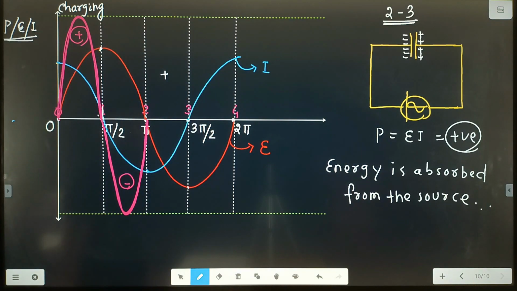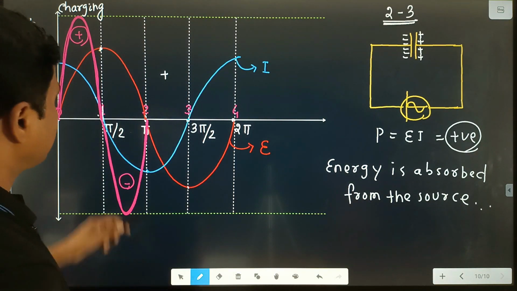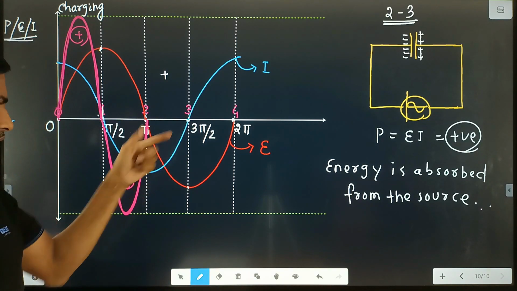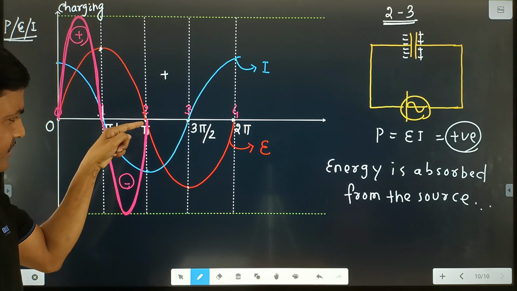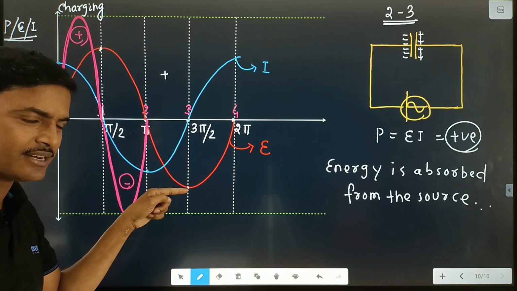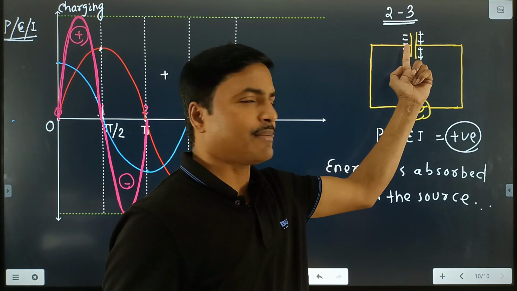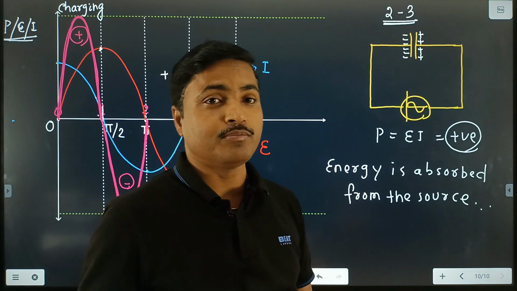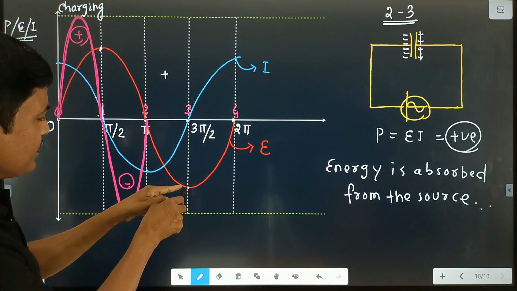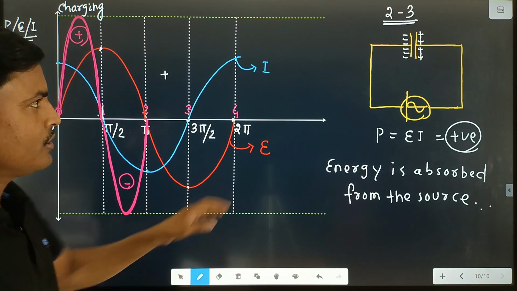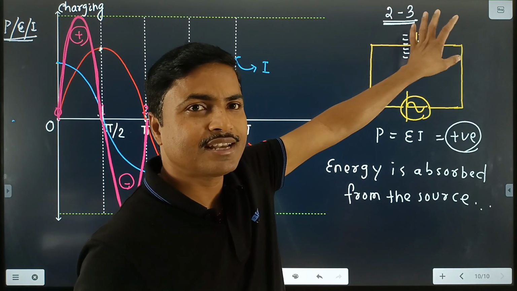Clear? And here once again, between point 2 and 3, the voltage magnitude is gradually increased, but on the negative side, so the first plate of the capacitor is now negatively charged and the second plate is positive. At point 3 pi by 2, the magnitude of the voltage is maximum, so the capacitor is fully charged.